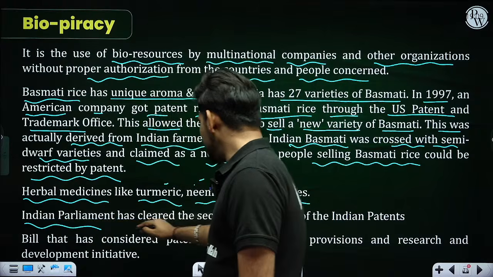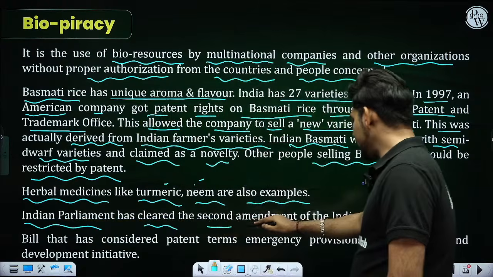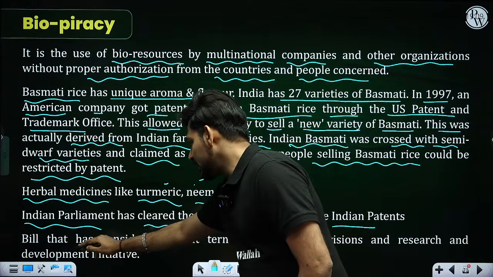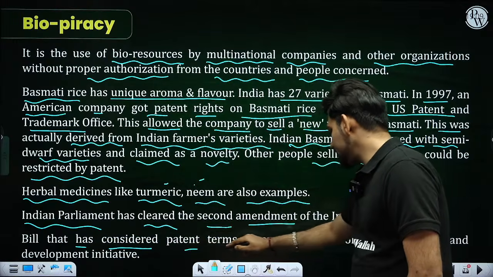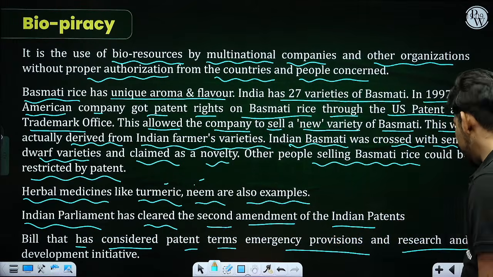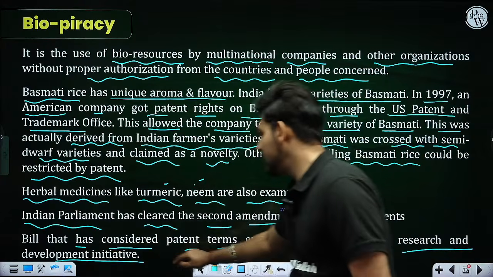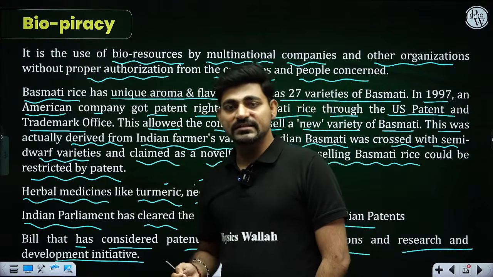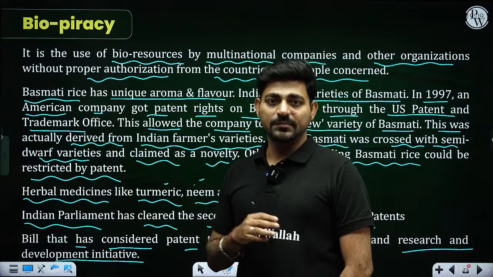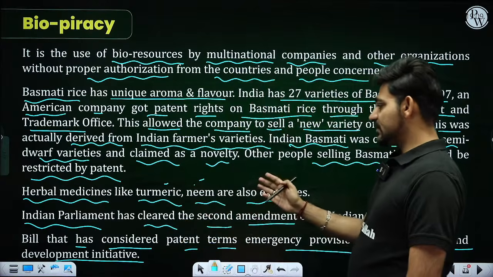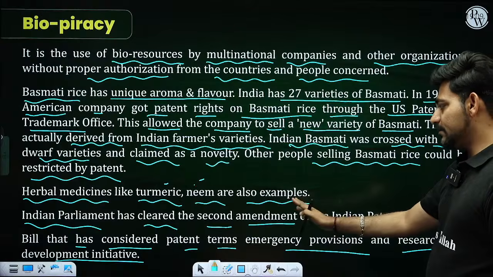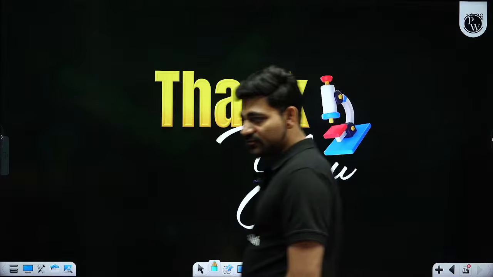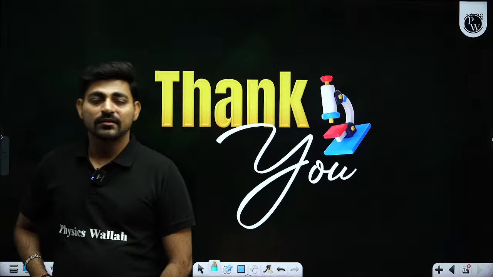Now, the Indian Parliament has cleared the second amendment of the Indian Patent Bill, and that has considered patent terms, emergency provision, and research and development initiatives. In order to stop that unscrupulous practice by some other countries or some powerful people, the Indian government has passed that bill, okay, in order to stop those malpractices. So with this we are done with the unit on biomolecules.